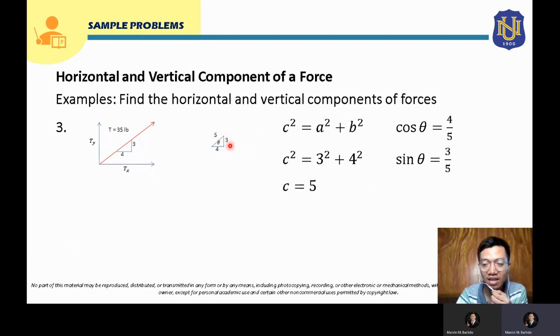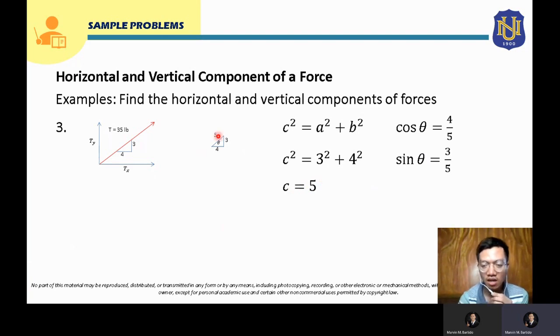Since this is a right triangle, we can use the Pythagorean theorem: c squared is equal to a squared plus b squared, wherein c is the hypotenuse of the triangle, and a and b are the sides other than the hypotenuse. Substituting 3 and 4 for a and b, c squared is equal to 3 squared plus 4 squared. Solving for c gives you 5. So this is the hypotenuse of this slope triangle.